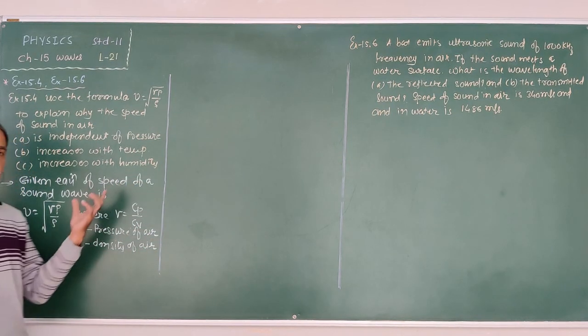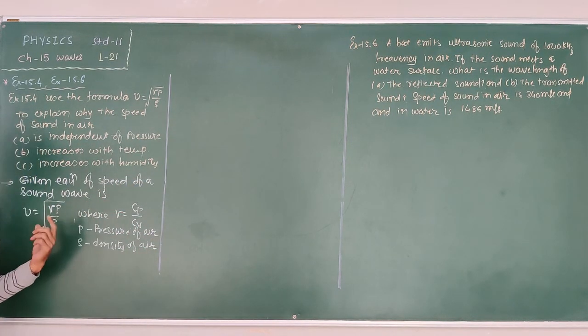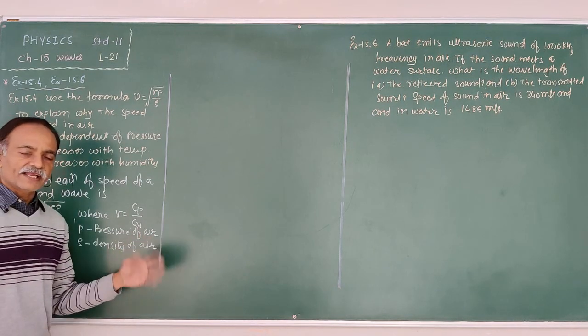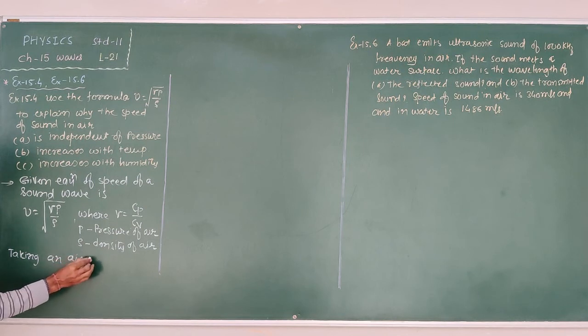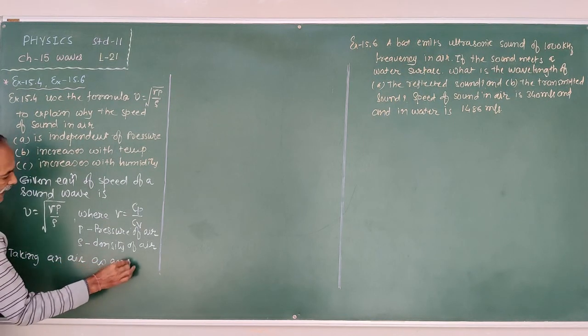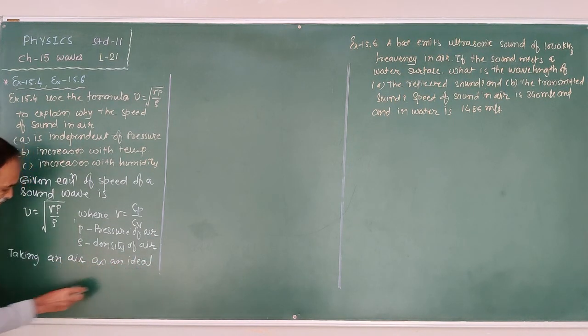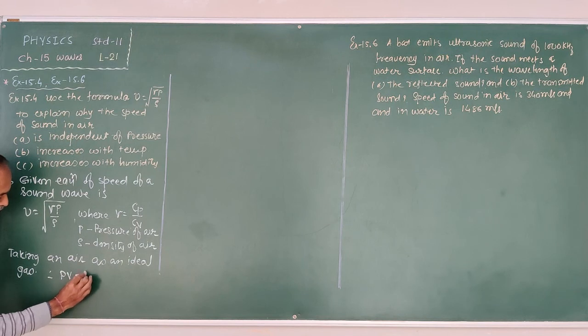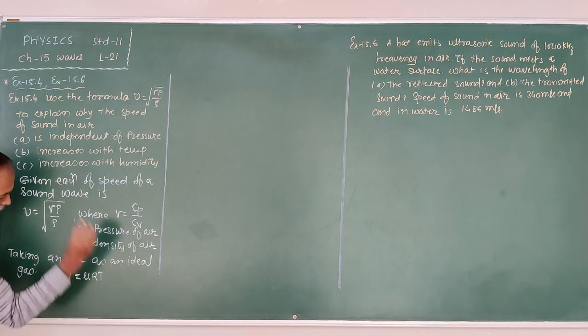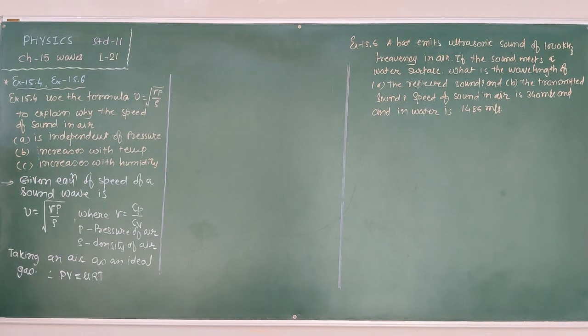By taking the air as an ideal gas, we can apply the equation of state for the ideal gas. Therefore, PV is equal to mu RT.